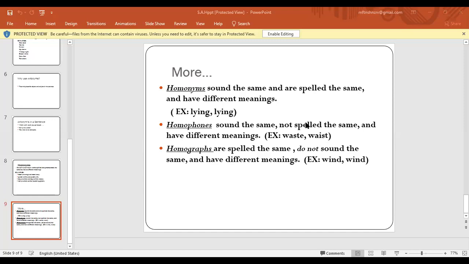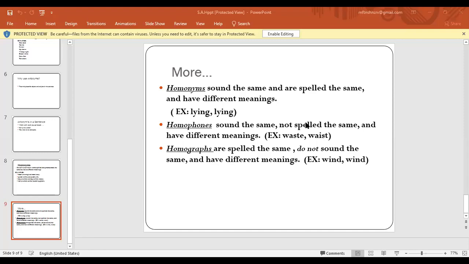And coming to homographs. Homographs are spelled the same, do not sound the same, and have different meanings. Wind, wind, for example. Their spelling is the same, but they do not sound the same.